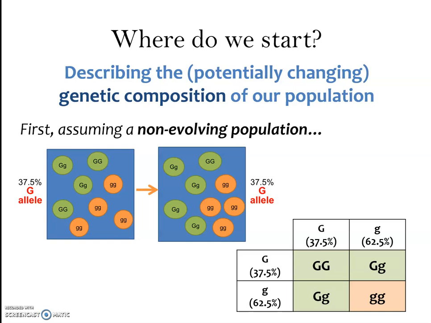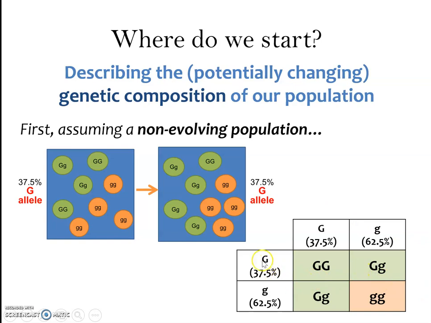Okay, so here's back our non-evolving population, and in the lower right-hand corner, there's a Punnett square. So we have been thinking about genetics sort of like two individuals mating. Now we're thinking about the whole population on one side of our Punnett square and the whole population on the other side. We can get our first gamete, and then we're going to get our second gamete. And the only thing that controls the likelihood of getting one allele or the other is the prevalence of that allele in the population.